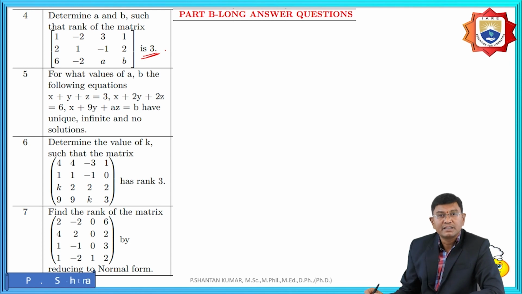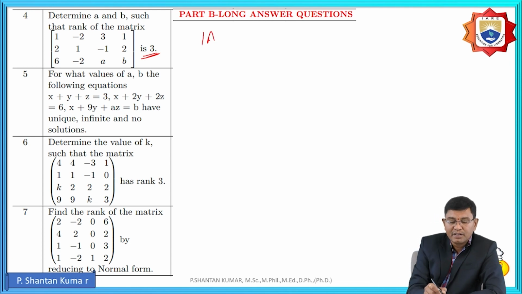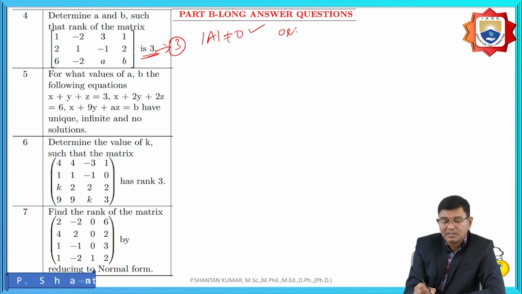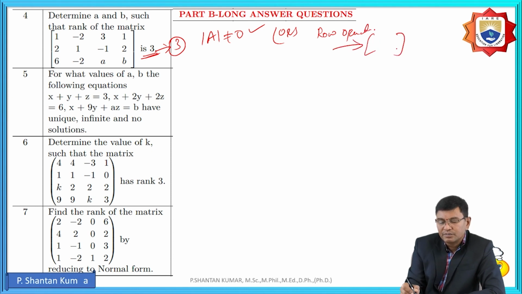Determine the rank of the matrix with a, b, rank is 3. That means the determinant of A is not equal to 0, since rank 3 is required. Based upon this we need to find out. Otherwise, the matrix is reduced by row operations to echelon form.